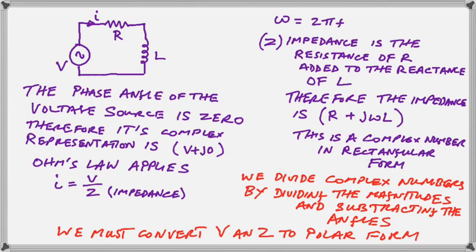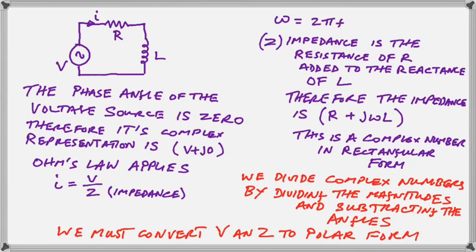Now the phase angle of voltage sources is normally taken as a reference or 0, and all the other phases of the currents, or even other voltages after they've passed through components, are some angle with respect to 0, but the sources are taken as 0. So when we represent that voltage source as a complex number, it's going to have a 0 imaginary part.